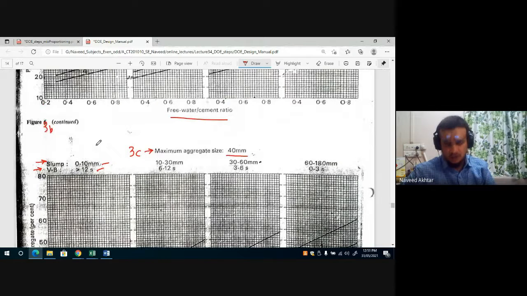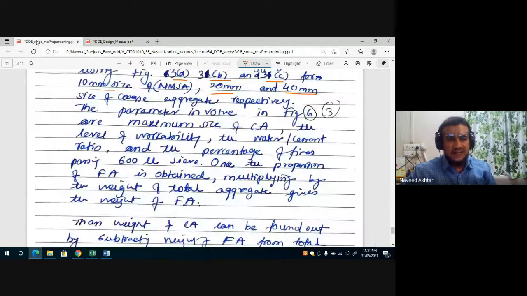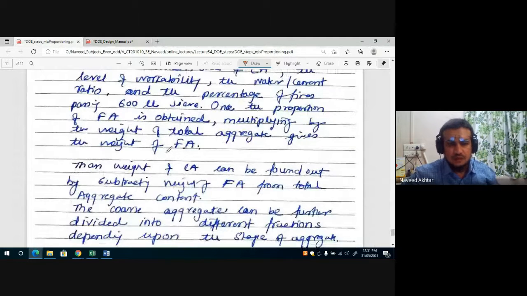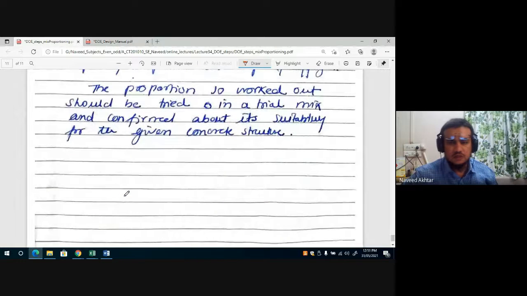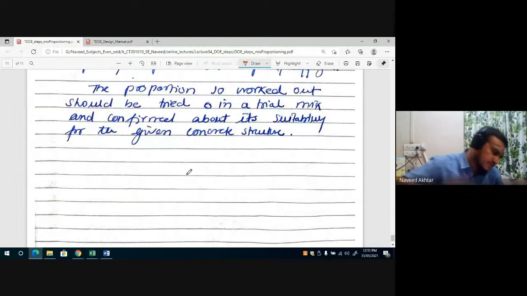And as you find out the proportion of fine aggregate, you can easily find out the proportion of coarse aggregate.